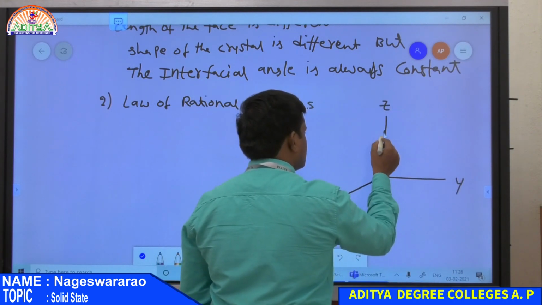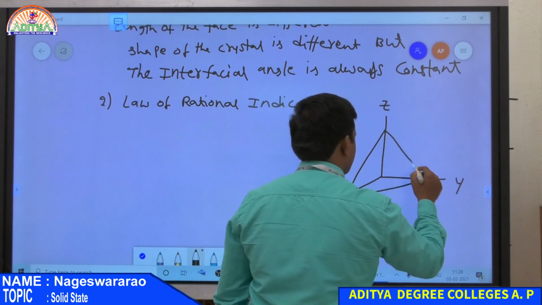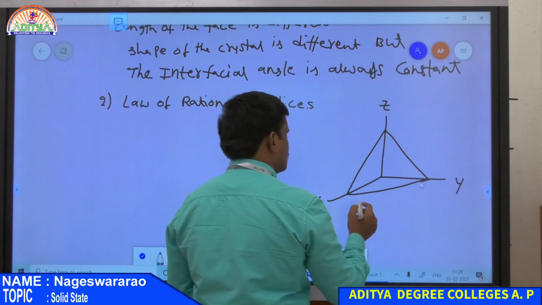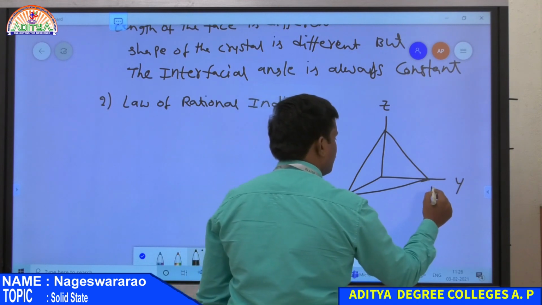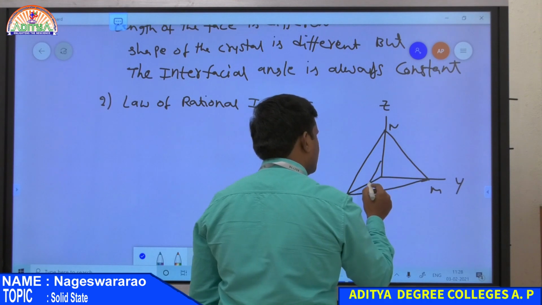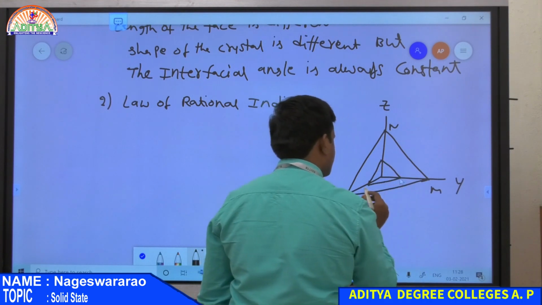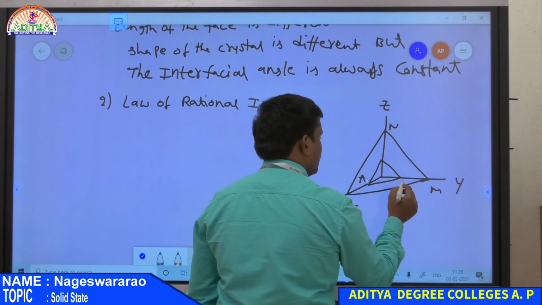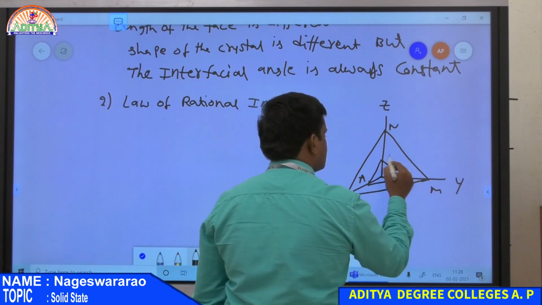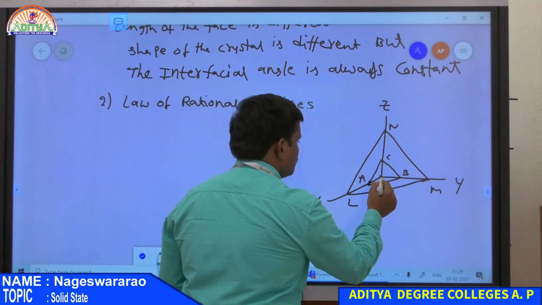This is a plane of the crystal, named L, M, N, and there is a small unit present in the crystal, that is nothing but the unit cell. So it is A, this is B, and this is C. Here is the origin.